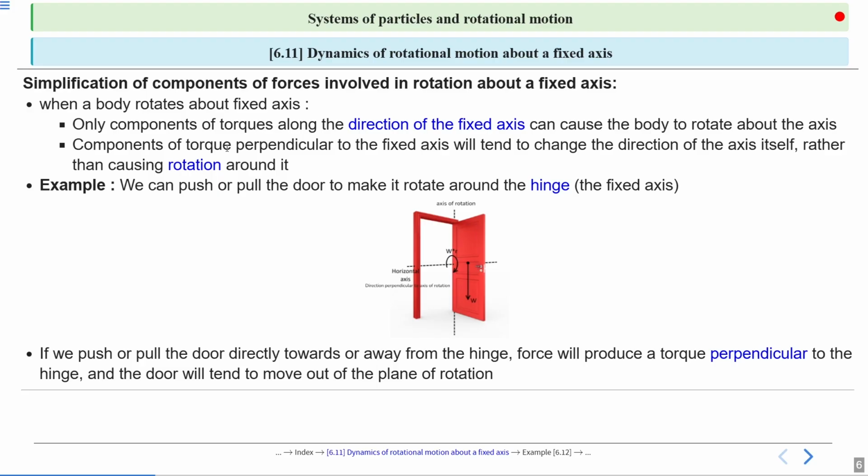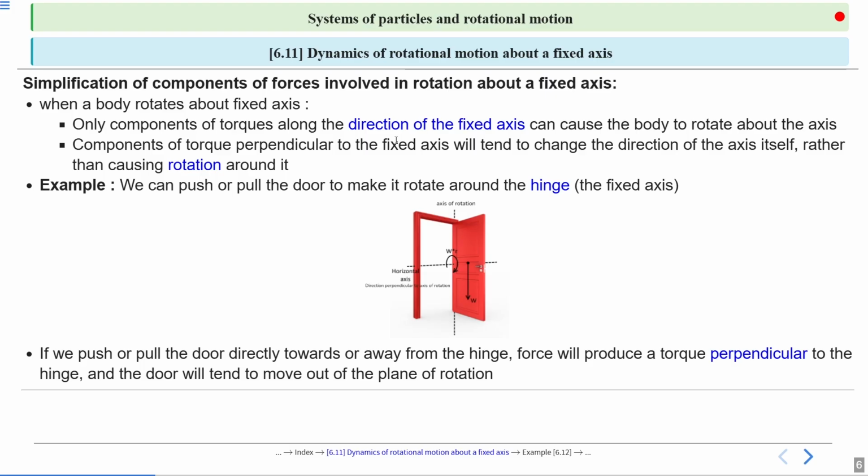Components of the force that act parallel or along the axis of rotation don't help in rotation. So only the component of torque along the direction of the fixed axis, like the hinge, helps in rotation.